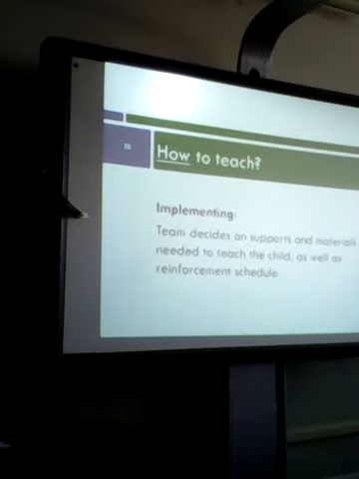So next, let's talk about how to teach. You alluded to some of that when you were thinking about, well, if we embed it here, here's how we can teach that skill. So now we're going to go through and talk about that. So implementing. The team decides on the supports and materials needed to teach the child, as well as the reinforcement schedule.